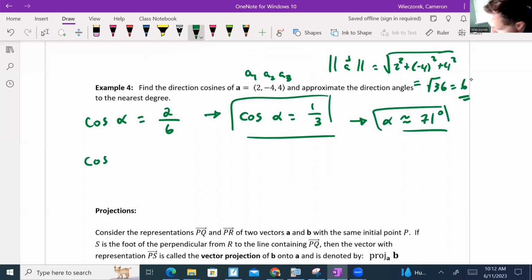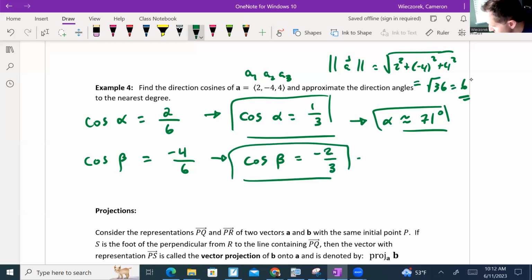Okay, next one, beta. This is the angle made with the y-axis. Take A2, -4, divide by the magnitude, 6. So the direction cosine for beta is -2/3. Take the inverse cosine on your calculator. Make sure you're in degrees because they did ask for nearest degree. Beta is approximately 132.